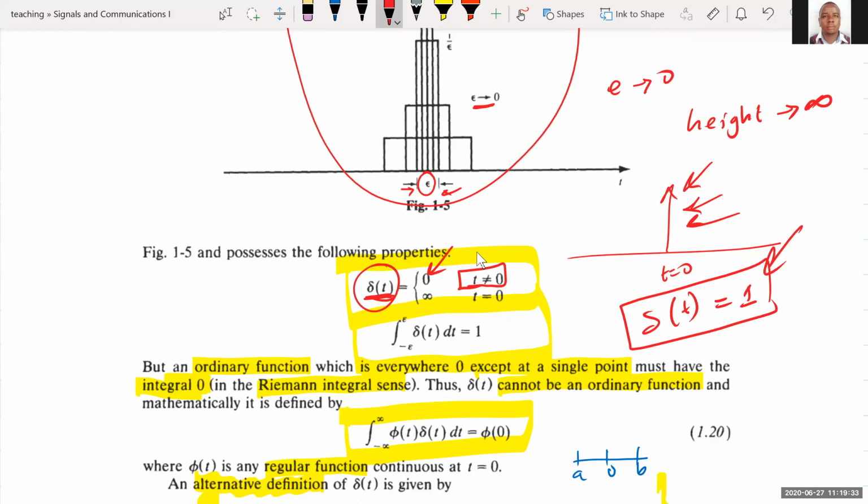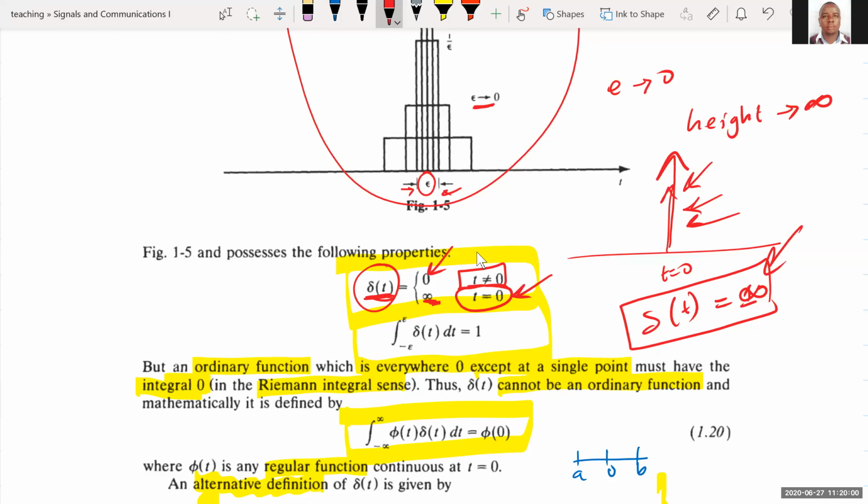And at time t equal to 0, the height of this graph is approaching infinity. The one I'm drawing here represents the unit area that I was mentioning earlier, but the value itself actually approaches infinity at time t equal to 0.